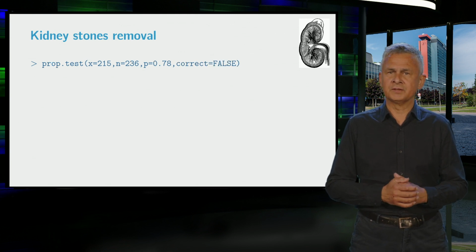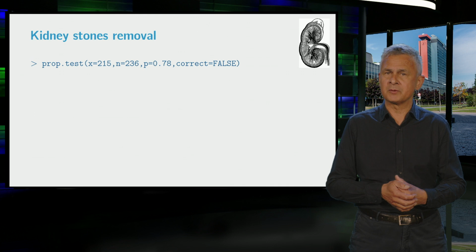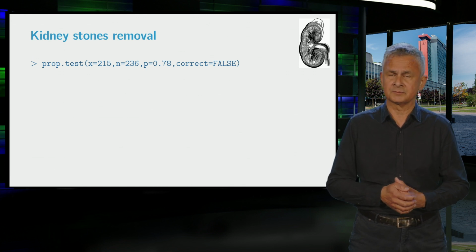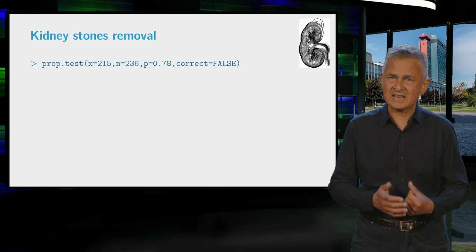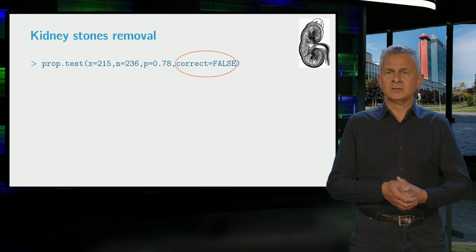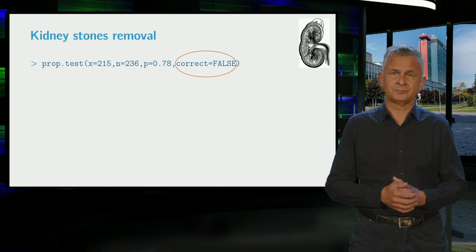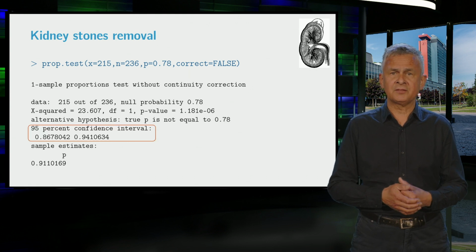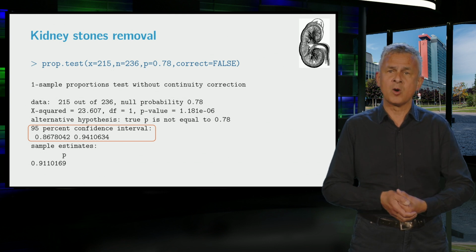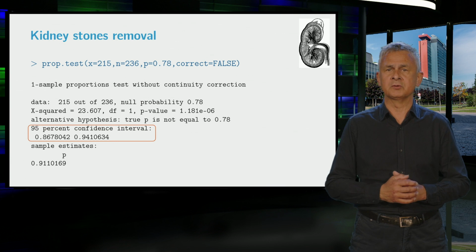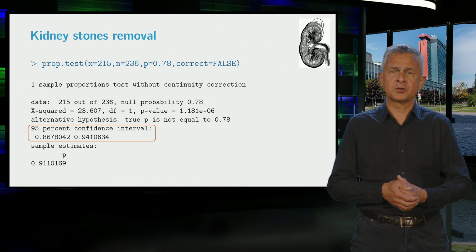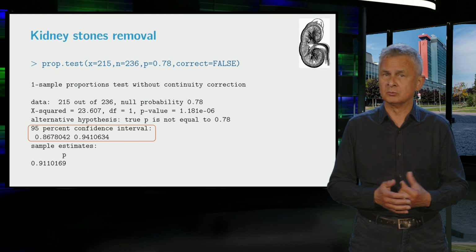The first interval we discussed, derived from the U-shaped parabola, can be obtained with the R function prop.test. To get exactly the same interval, one has to set the option correct to false. You may check that the output gives the same 95% confidence interval as the one we previously derived manually. Now, the default choice for the option correct in prop.test is true.